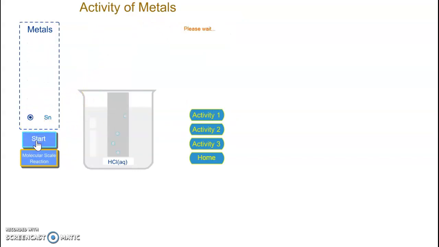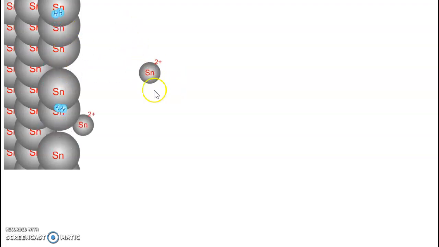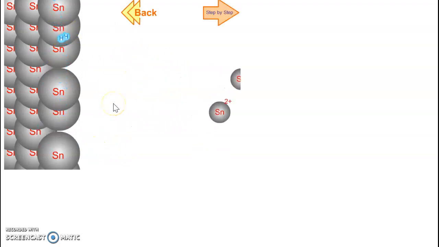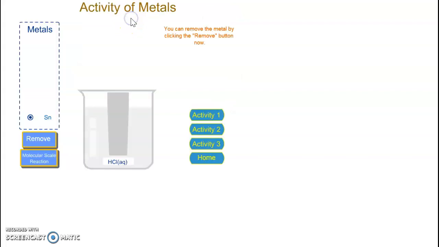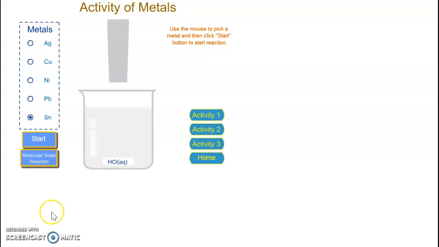Last but not least, and then again we see bubbles with tin on the molecular scale. It's coming in, it's reacting with the tin, creating H2 gas and tin ions. And when we remove it again, we see that that's decreased in size due to that.